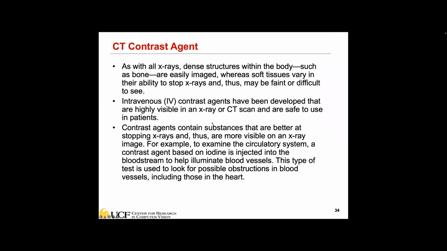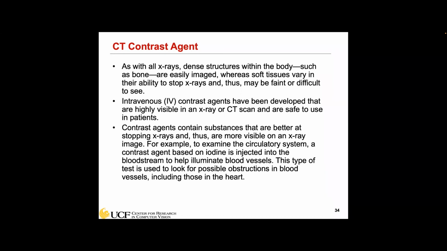Here, I want to mention a little bit about the CT contrast agent. When you take a CT scan, you may not take contrast, but sometimes the radiologist may require you to take some contrast agent.